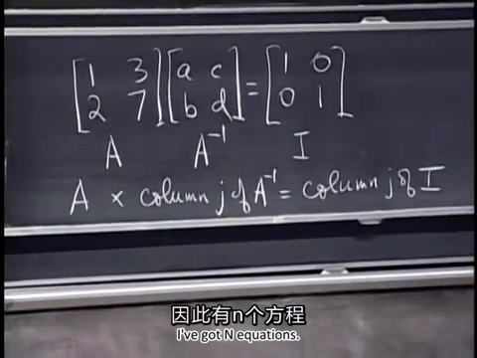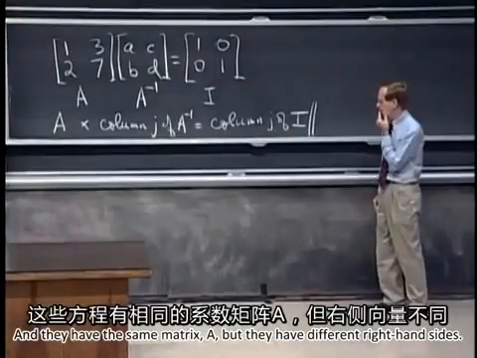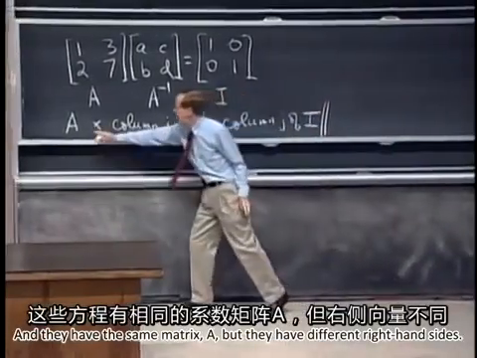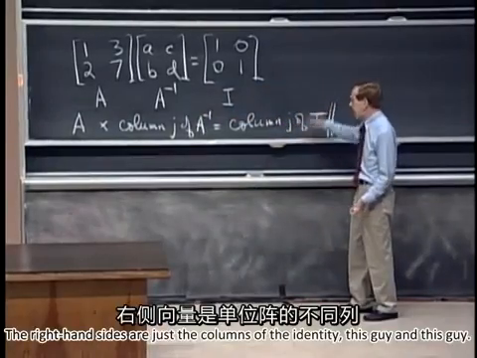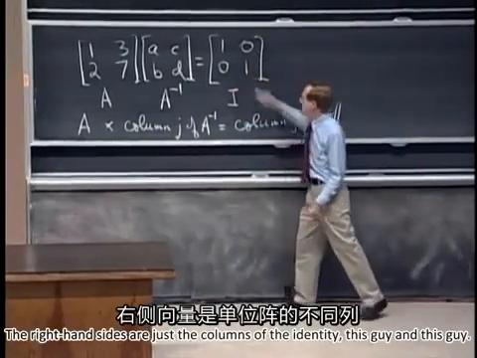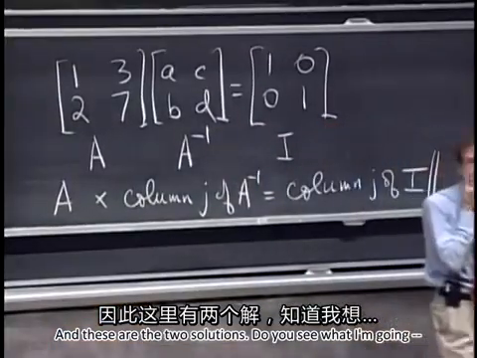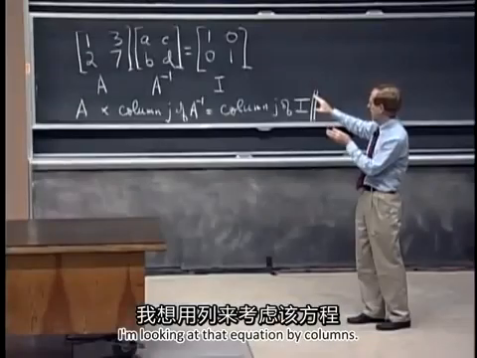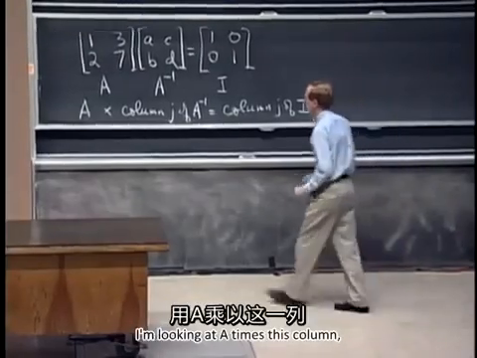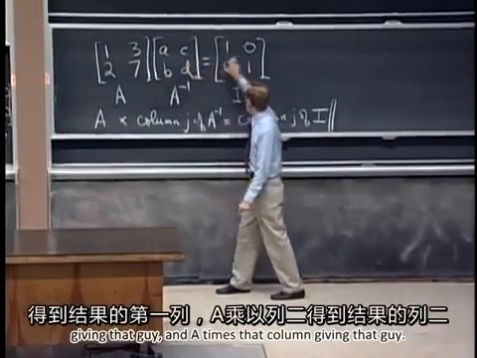I've got n equations, well, 2 in this case. And they have the same matrix A, but they have different right-hand sides. The right-hand sides are just the columns of the identity, and these are the 2 solutions. Do you see what I'm doing? I'm looking at that equation by columns: A times this column giving that one, and A times that column giving that one.